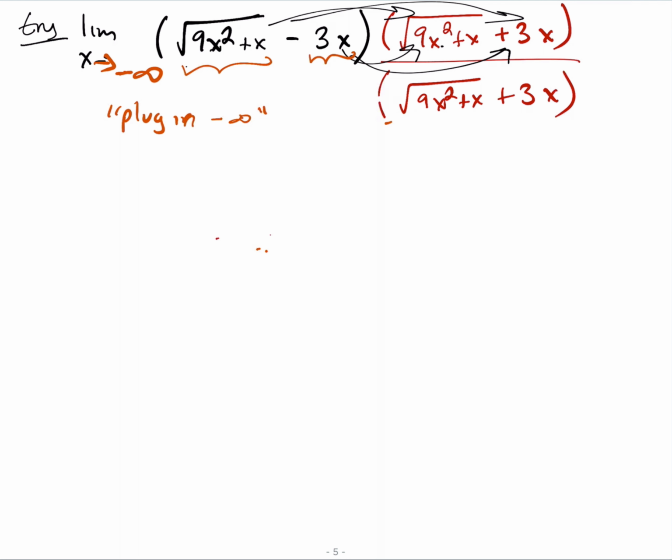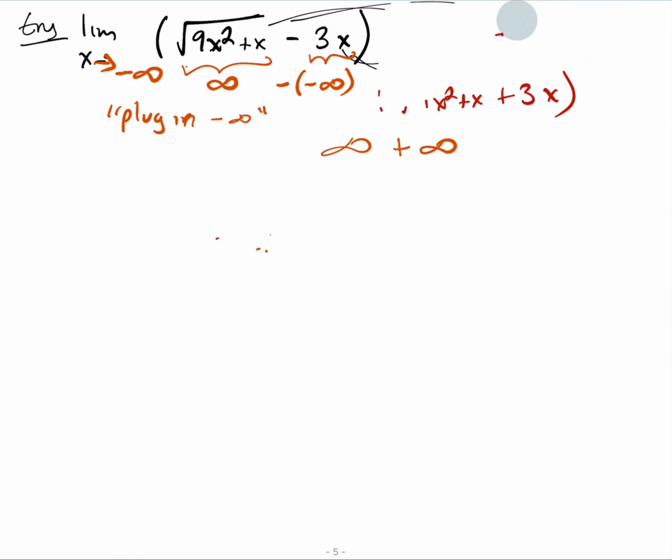Now this is important because you have infinity minus negative infinity, right? Is that indeterminate? No. What is infinity plus infinity basically? To infinity and beyond. That's right, like if Buzz Lightyear came in here. That's infinity.